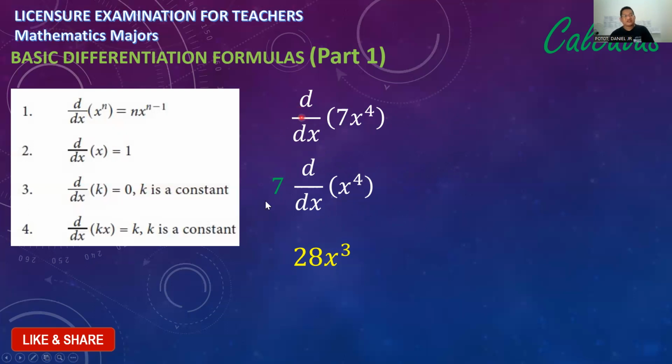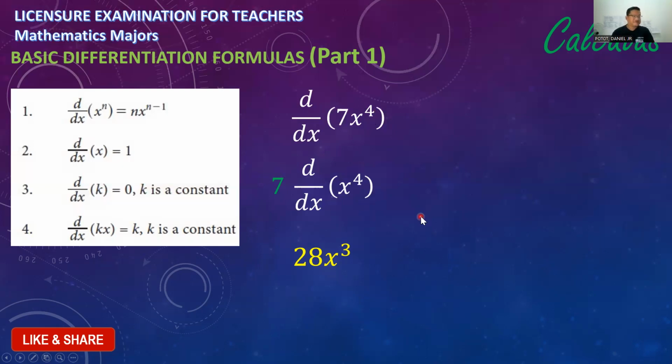Ilabas mo yung 7. So 7 times the derivative of x to the 4th. Again, ang dalawang to ay pareho. Pwede mo siyang ilabas. Okay, kahit pen 1/2, ilabas mo yung 1/2. Kahit pen 3/4, ilagay mo yung 3/4. Take note, the one that you will put outside is the numerical coefficient of x to the 4th. Not yung 4, kundi yung numerical coefficient.